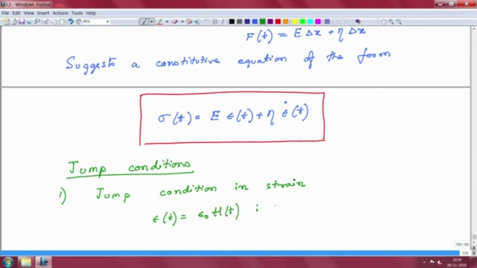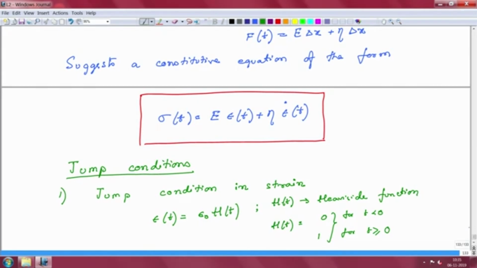Just to remind ourselves, H(t) is the Heaviside function, given as 0 when t is less than 0, and equal to 1 for t greater than 0.